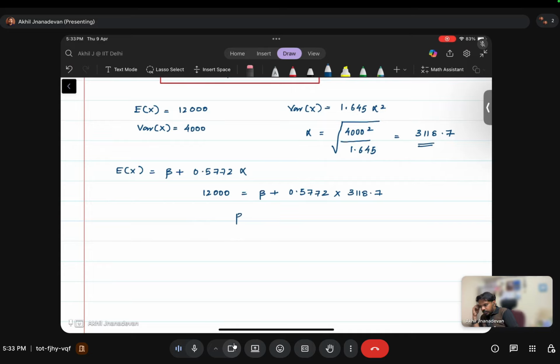If you solve this, beta will come around 10199.88. So we got both alpha and beta, the parameters.